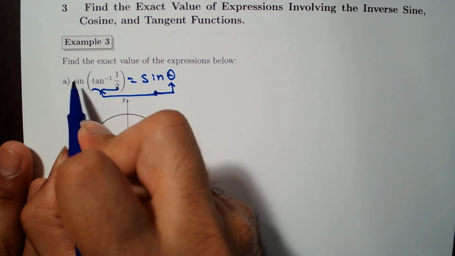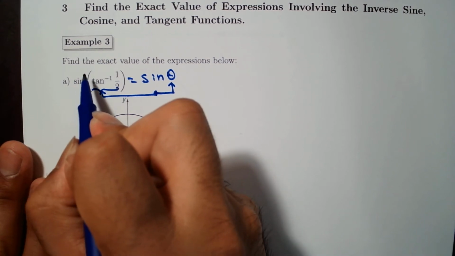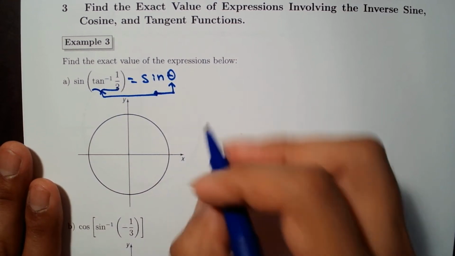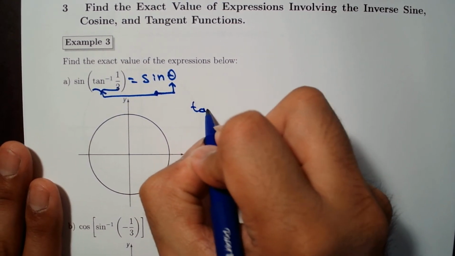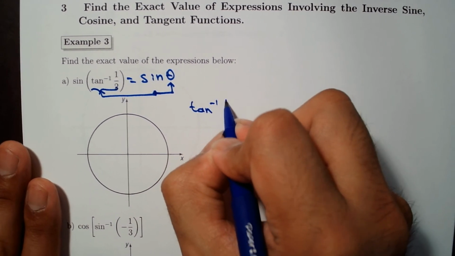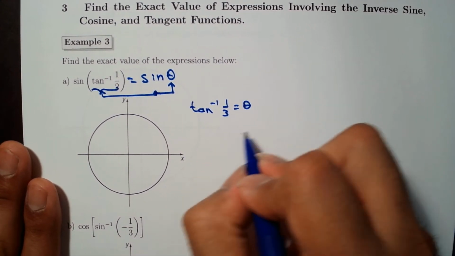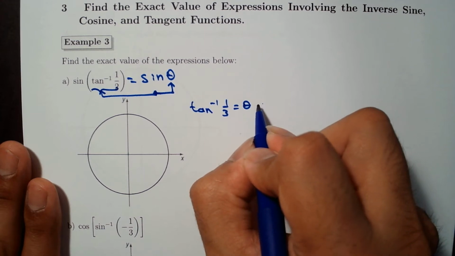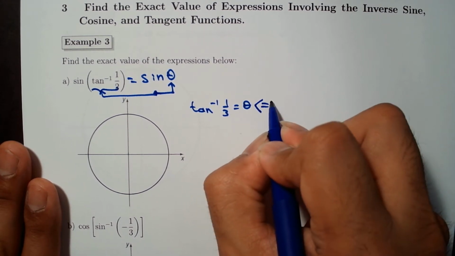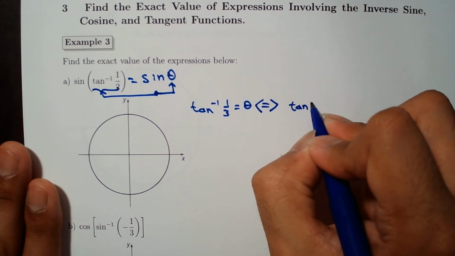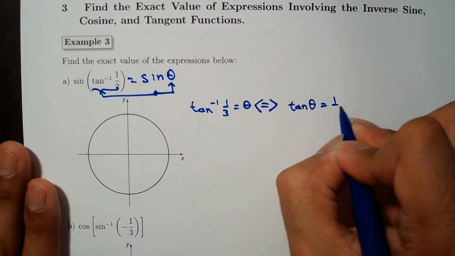So ultimately, what we want to evaluate is a sine that comes from this inverse tangent. So tangent inverse of 1/3 equals theta is the same as saying tangent theta equals 1/3.